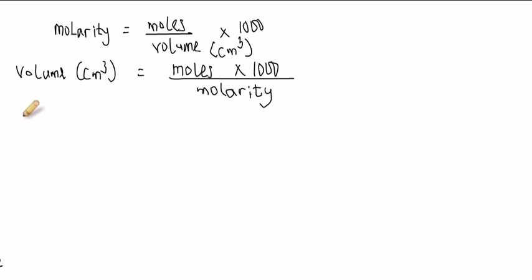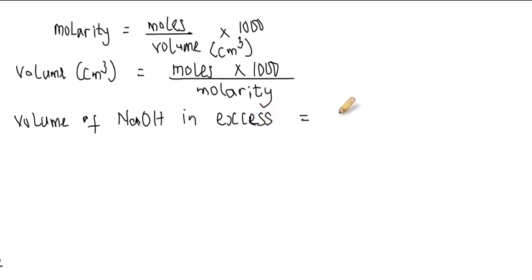So the volume of sodium hydroxide in excess equals the number of moles from our calculation, 0.006 multiplied by 1000 divided by the molarity of sodium hydroxide, which is 0.15.